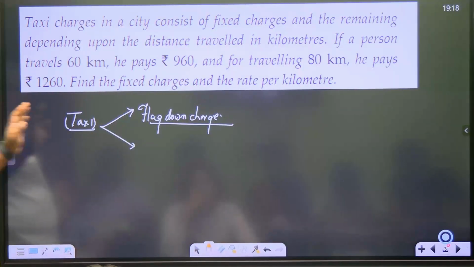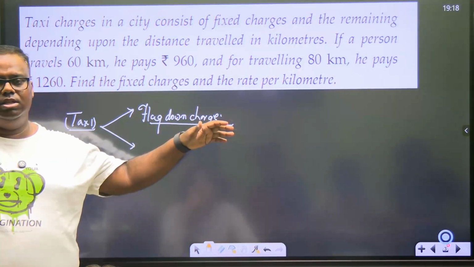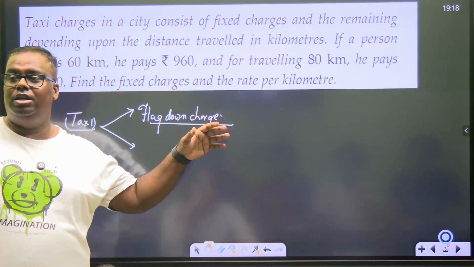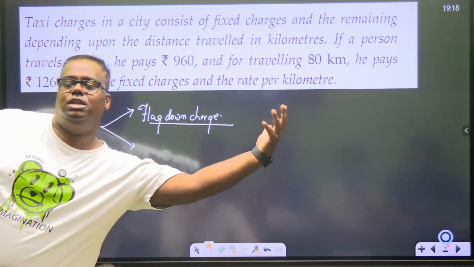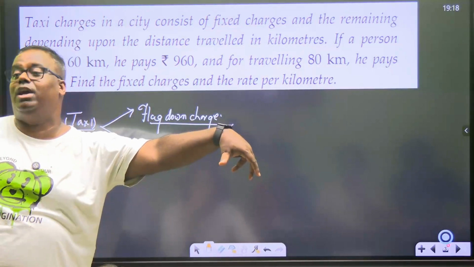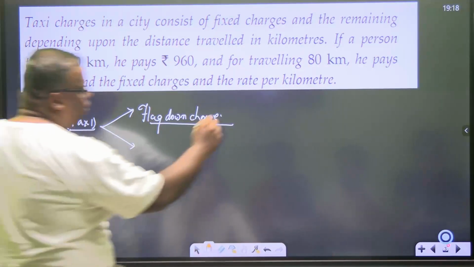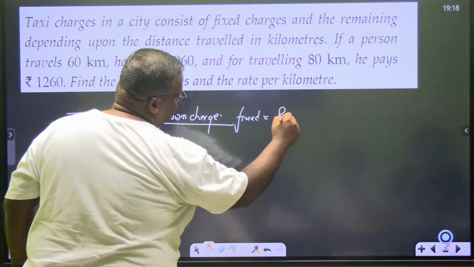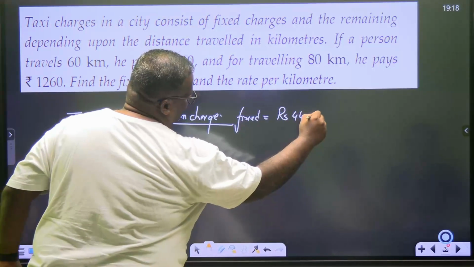What is the flag down charge? The moment you hail the taxi, earlier days in Bombay and all, he will go to the other side and switch it on. That's called flag down. Flag down charges are always fixed. And it will be like rupees 44, say for 2 kilometers.